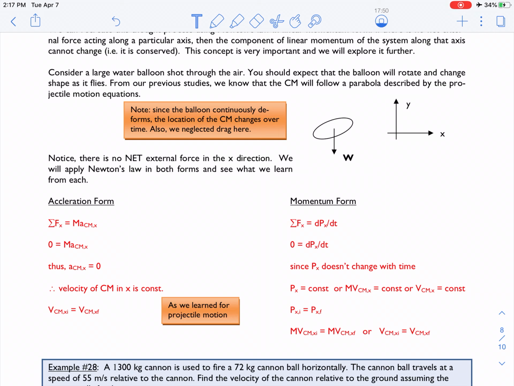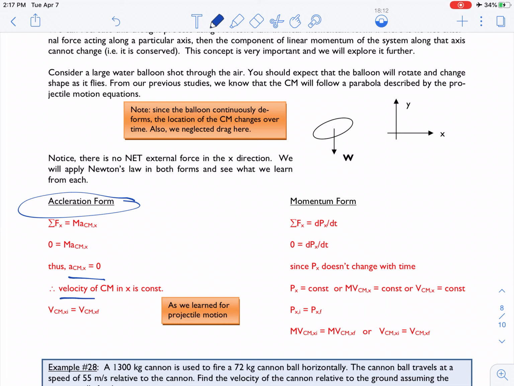When we focus on the acceleration form, let's look at the x component. Sum of Fx equals m a, center of mass x, and sum of Fx is 0. That means the acceleration along the x direction for the center of mass point is also 0. What does that mean?